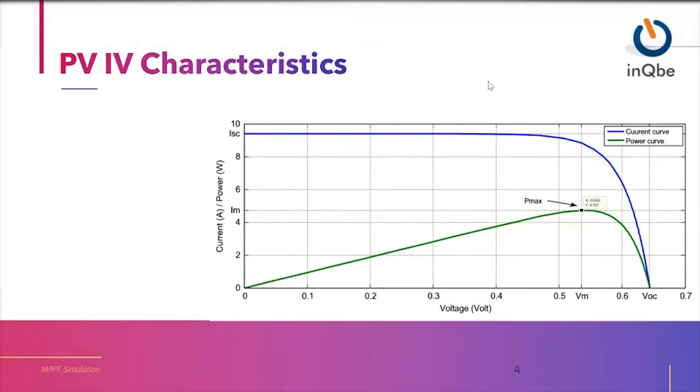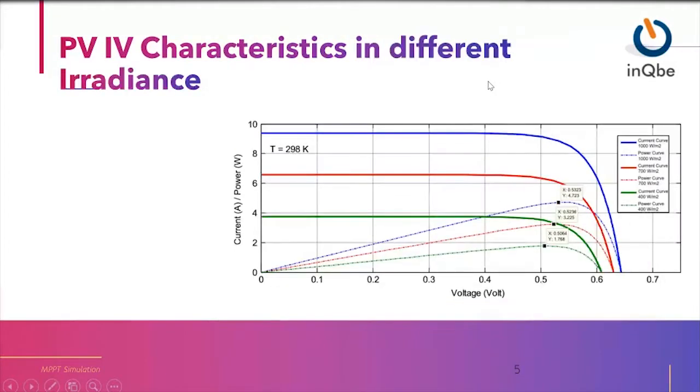I will show another picture, with different irradiance curves. For every irradiance level, there are different peak points. That means power is different, so the load should be varied according to the power.